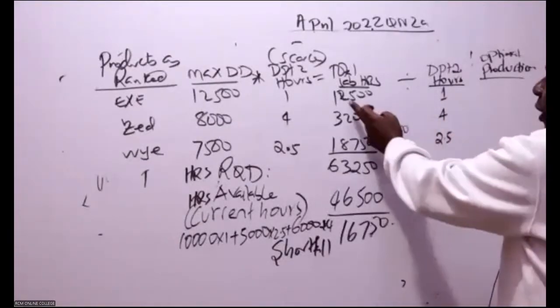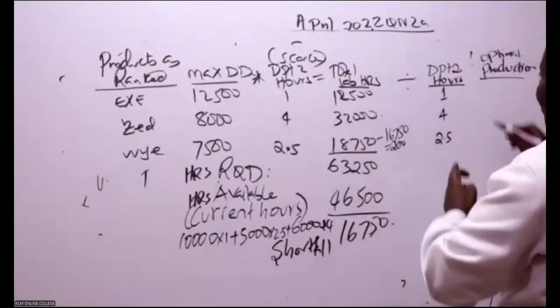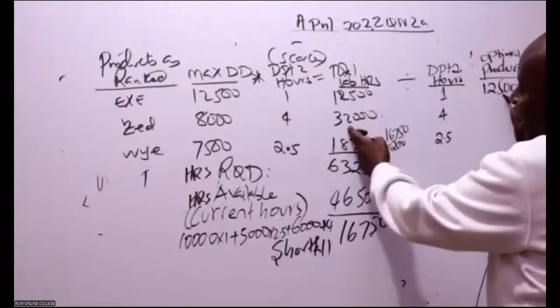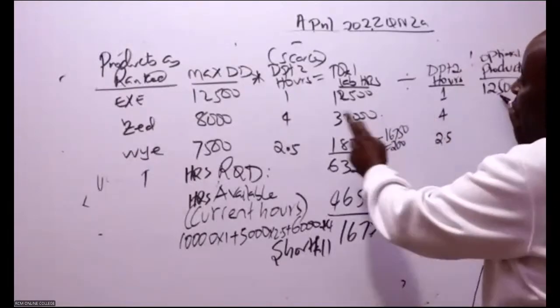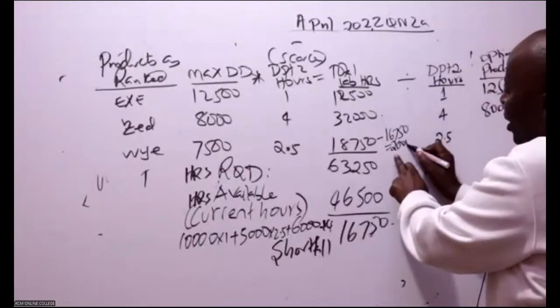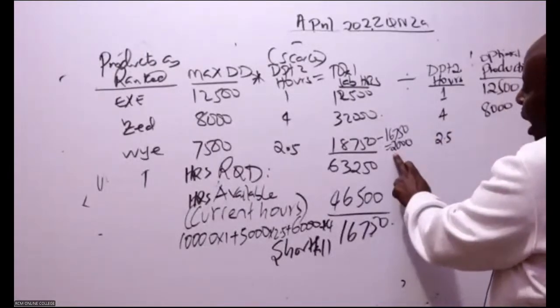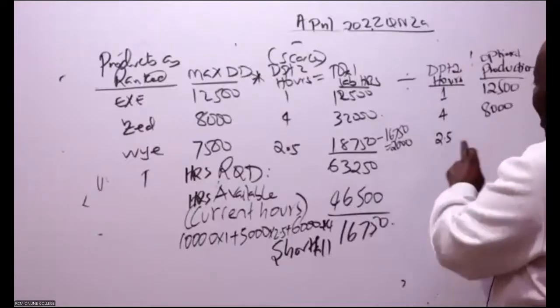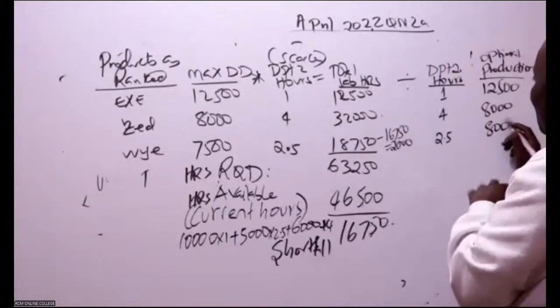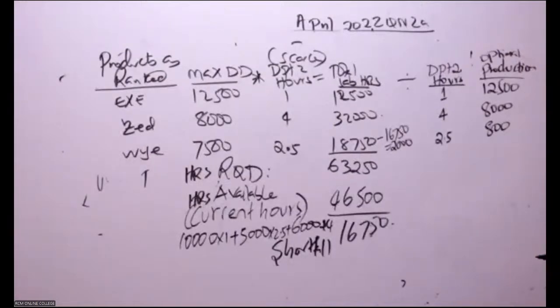The first one will be 12,500 divided by 1, so for X, I produce 12,500. This will be 32,000 divided by 4, which gives me 8,000. This will be 2,000 divided by 2.5. How much am I getting here? 800. If you do it this way, you'll never confuse.